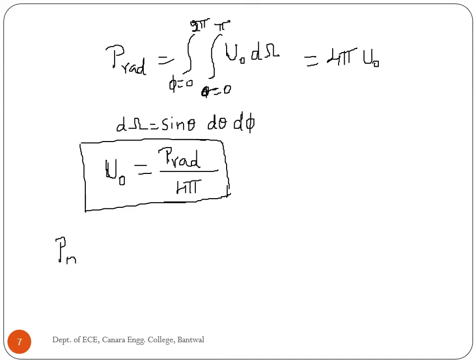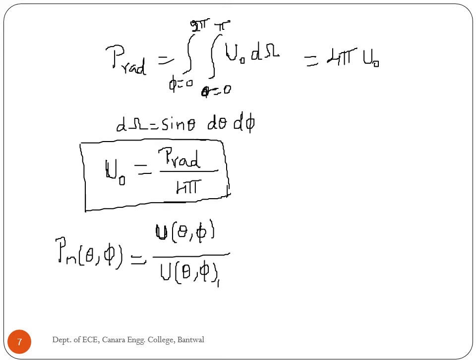Normalized power pattern can be expressed in terms of radiation intensity, that is the ratio of the radiation intensity in theta and phi divided by the maximum value of the radiation intensity, which is equal to the ratio of the pointing vector to the maximum value.